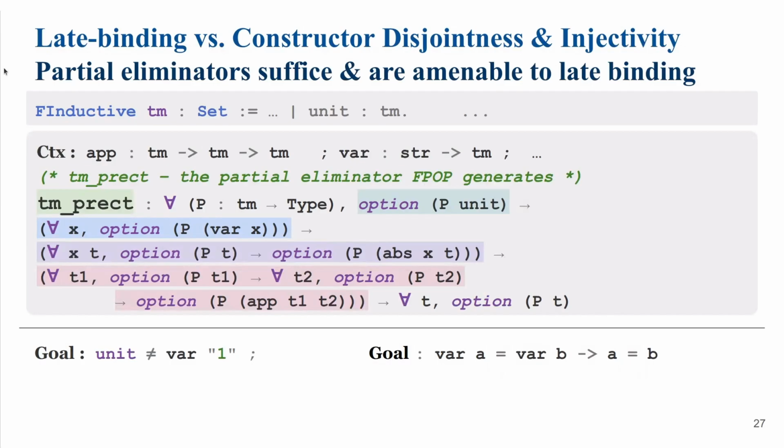It is also compatible with late binding. To further streamline the proof, FPOP provides the tactics F-discriminate and F-injection. These tactics work by invoking the partial recursors FPOP automatically generates for extensible inductive types.